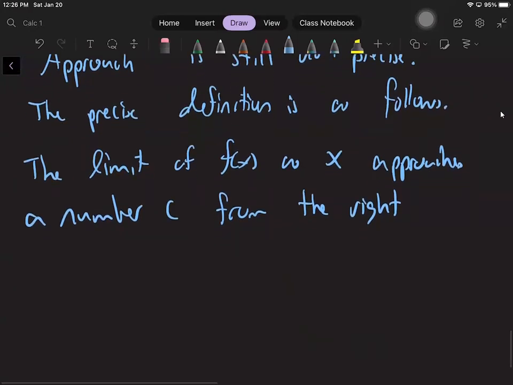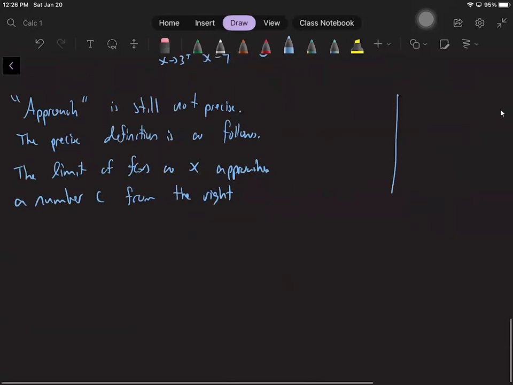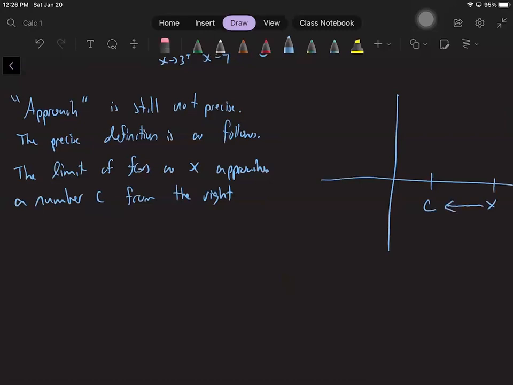Just think of it as little x values marching towards the number c from the right. Okay, so visually, the idea is here's your number c, and x is just going along towards c in that direction.